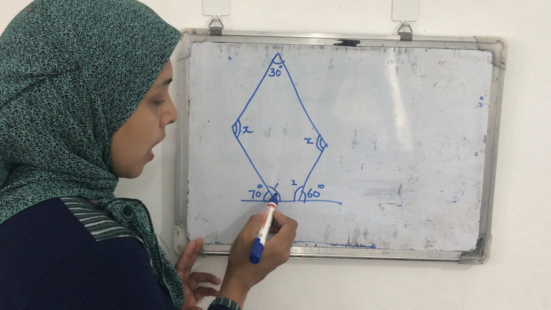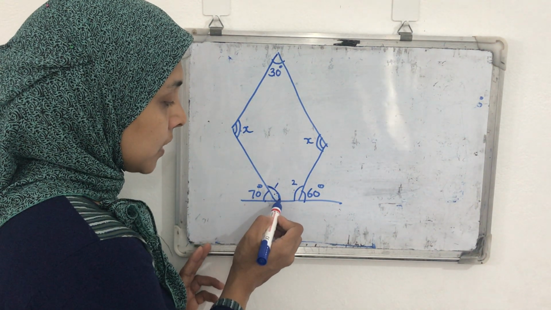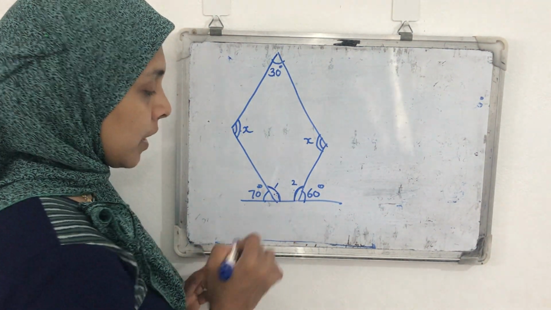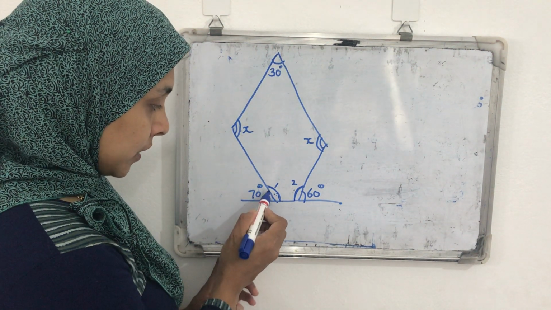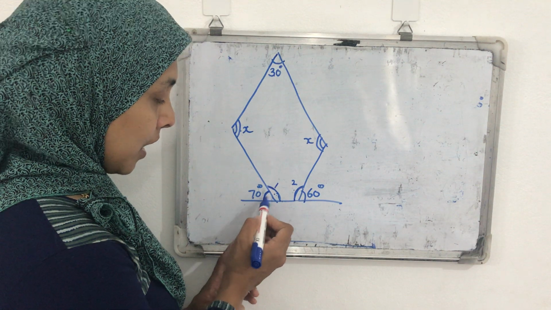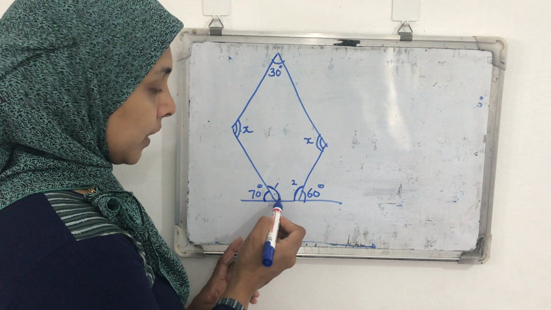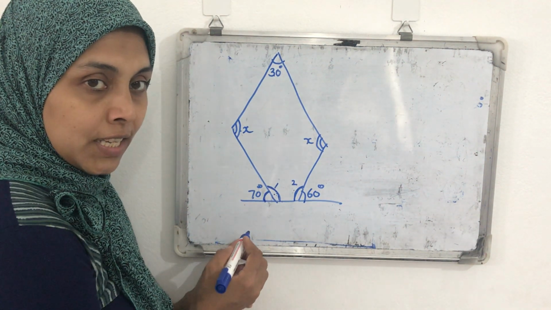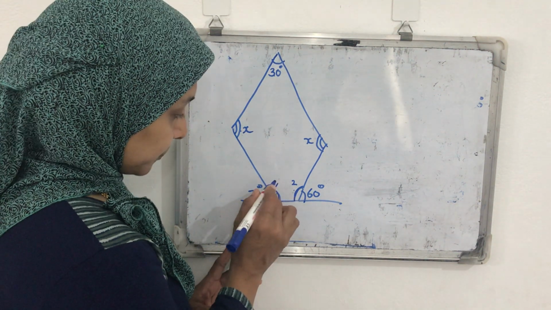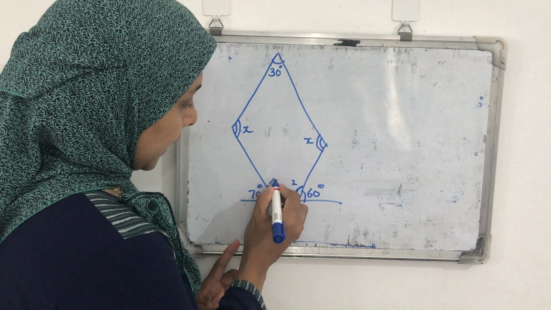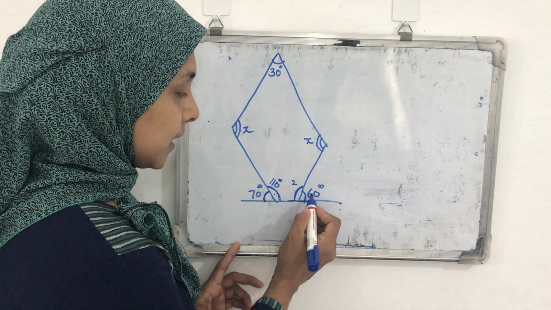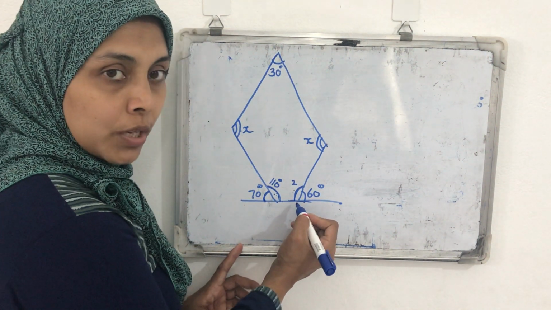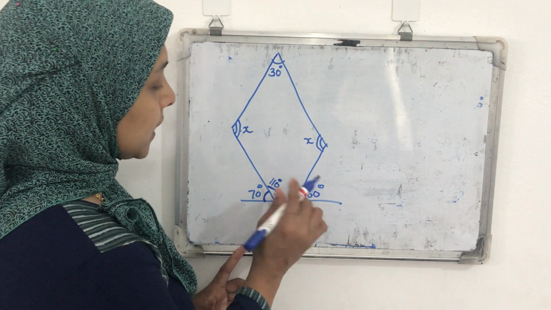But we don't know the measure of angle 1, how can we find it? This also forms a linear pair. If this is 70 degrees, what will this angle be? It will be 180 minus 70, so this angle is 110. Just like that, the sum of these two angles, 60 plus angle 2, will also be 180 degrees.